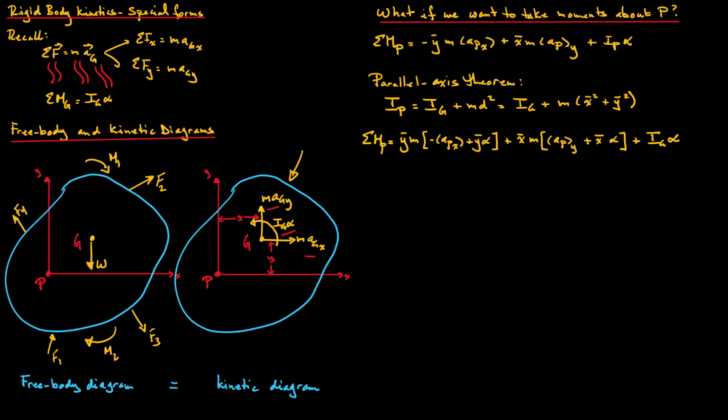So we're getting a bit closer to our goal, where we can express the sum of the moments about a point other than the center of mass, but in terms of certain quantities at the center of mass, such as Ig, the mass moment of inertia.